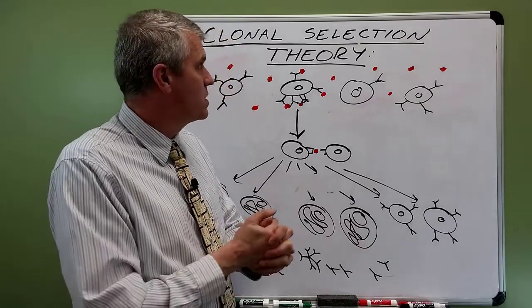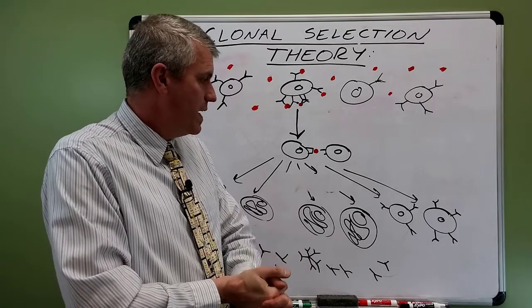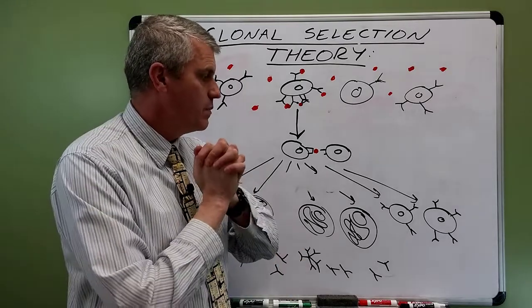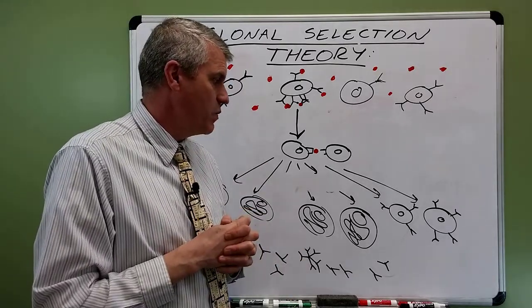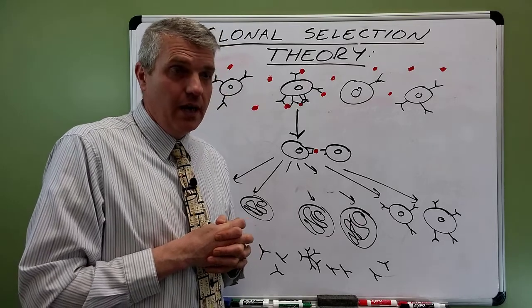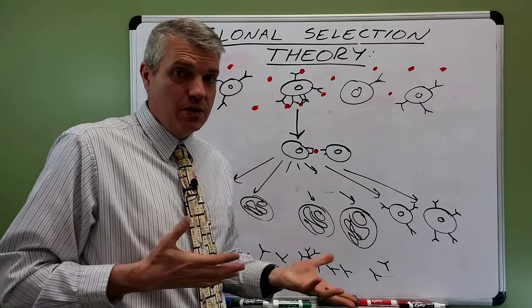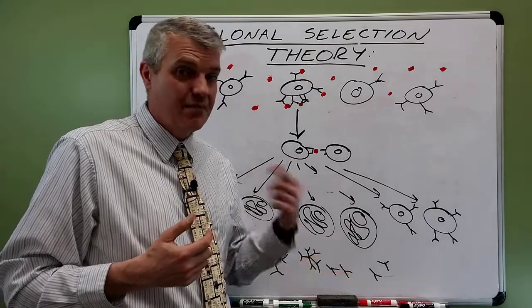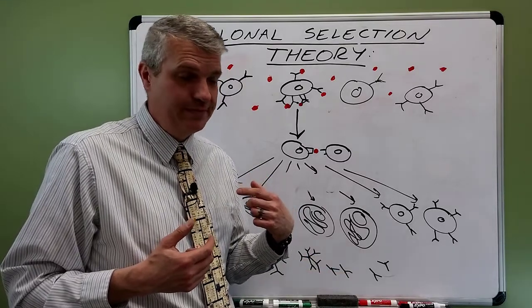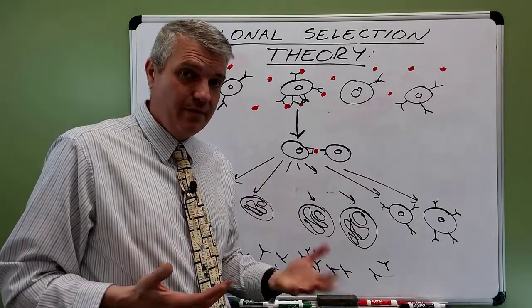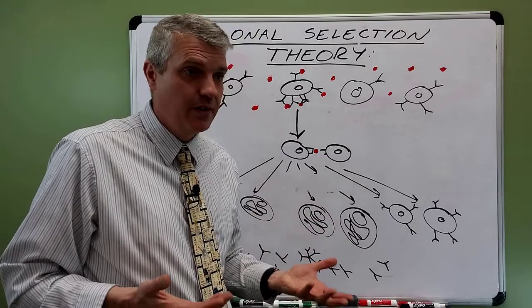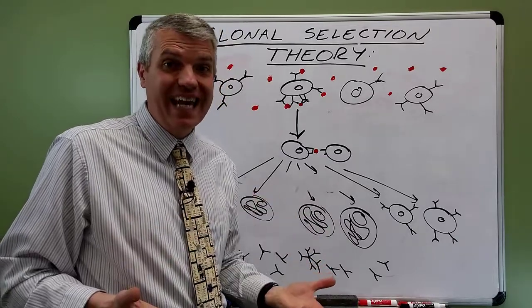So anyway, that's clonal selection theory. And again, broadly, the most important thing that it explains, I think, is what we started out with: even the ancients noticed that if you get infected with a specific infection, you get sick from it, but then you get better, assuming you survive, and you can't get infected again.